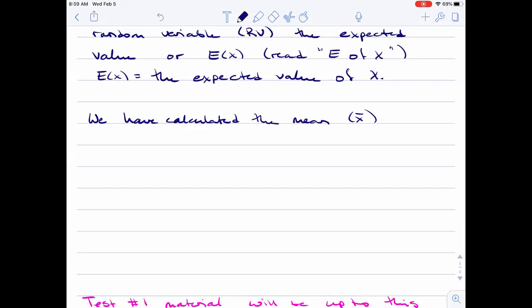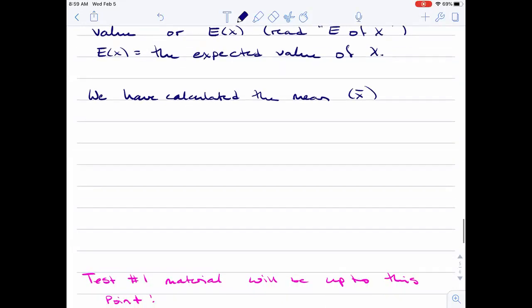So we've calculated the mean, but we assumed each outcome had the same probability. So the probabilities were distributed evenly across all the outcomes.